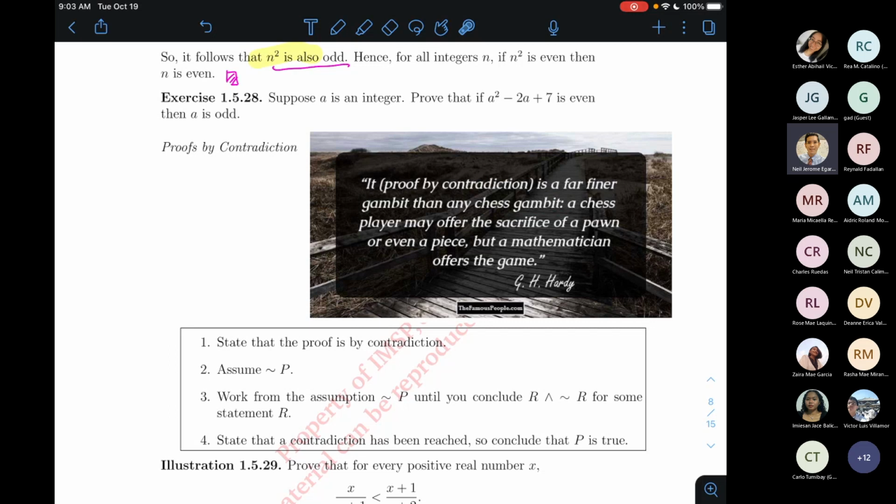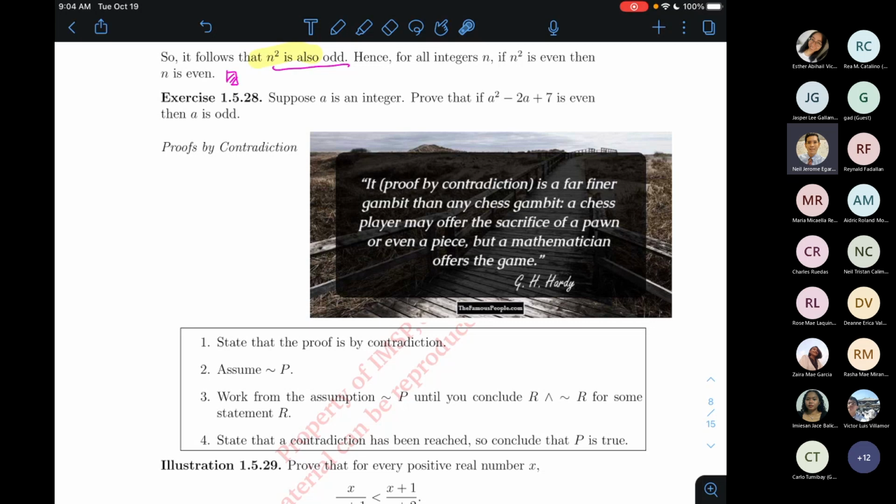The most ultimate sacrifice in chess, some people say, is the Queen's Gambit, wherein you let your opponent capture your queen, which in terms of movement is the most powerful piece in chess, right? Pero sabi ni Hardy, ang proof by contradiction is much more than that.